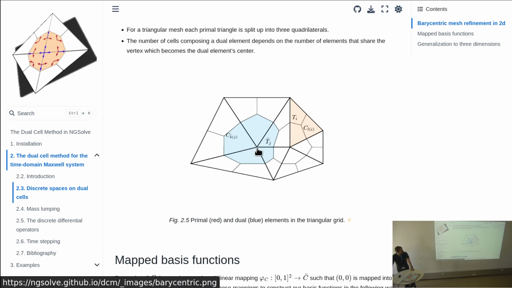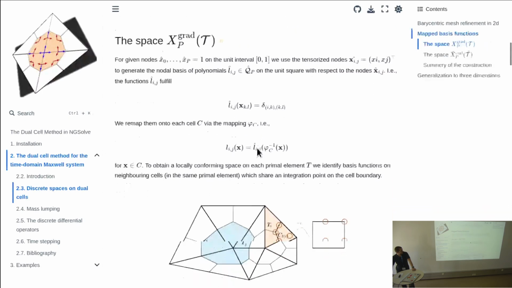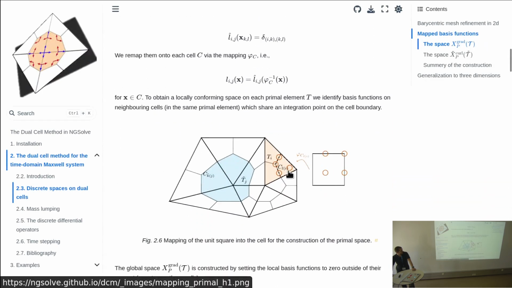So this is okay. And now we need to define the basis functions, and for this we just map the unit square into each of these quadrilaterals. So we pick nodal basis functions with respect to some nodes, and we map these basis functions into this quadrilateral.